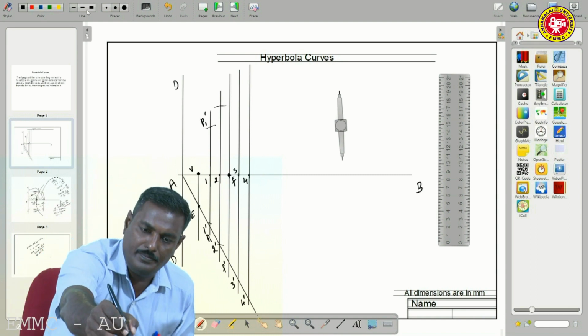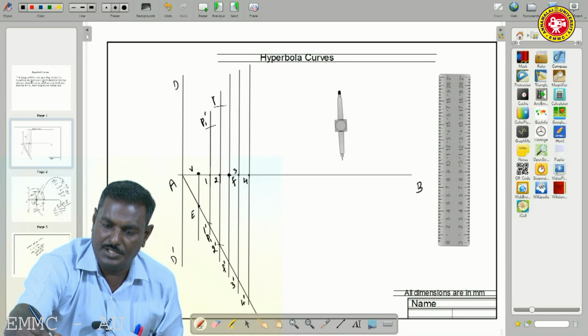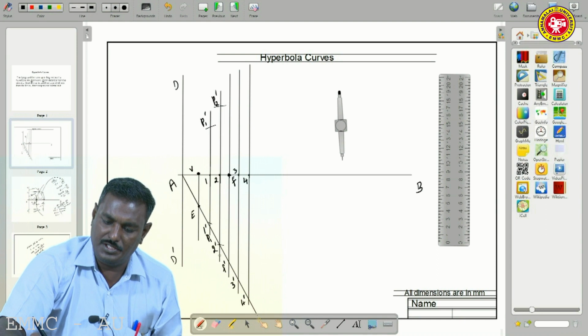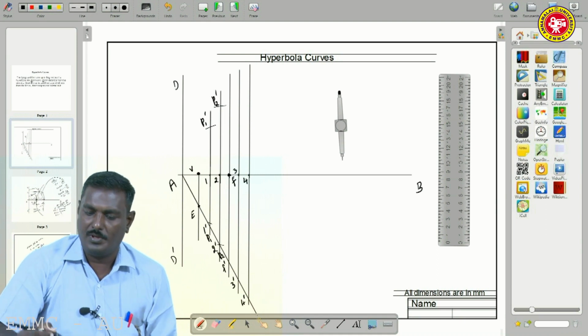Then lettering: P2 dash, this is P2 dash.